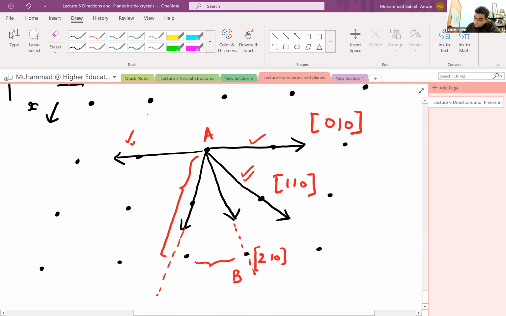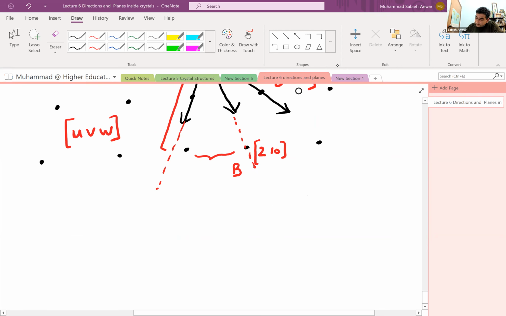The arrow that I've drawn over here is simply 0 units along x and minus 1 unit along y and 0 units along z. So this is how I can identify directions, and these directions are specified by labels u, v, and w, and they're always written in square brackets.